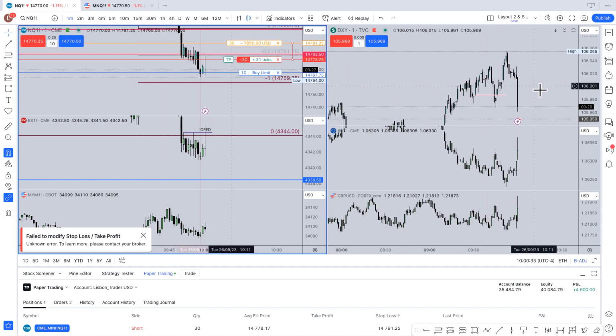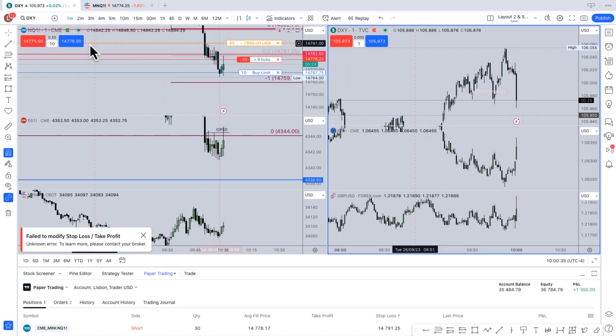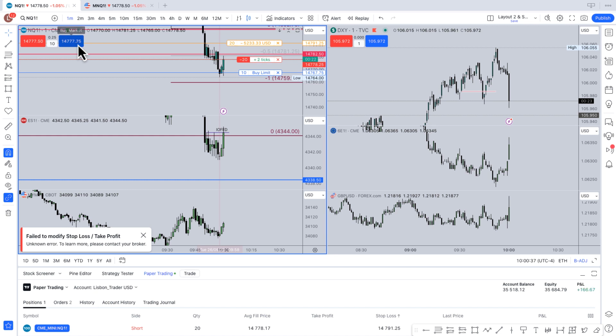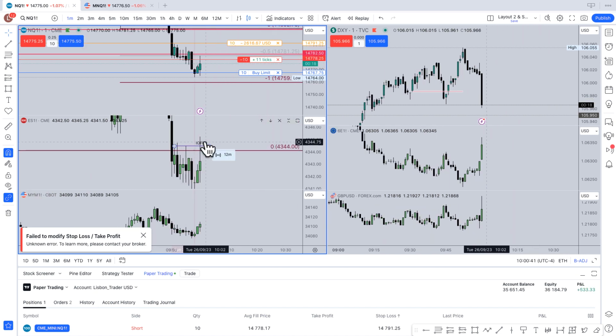So the XY is dismantling already, which will show also this goes above the IOFED.